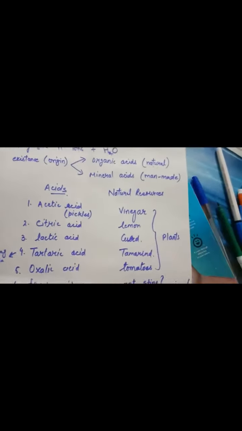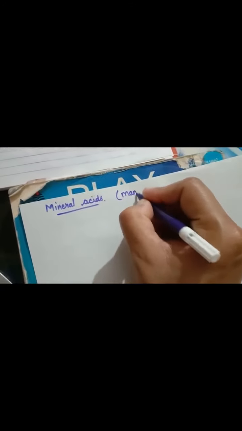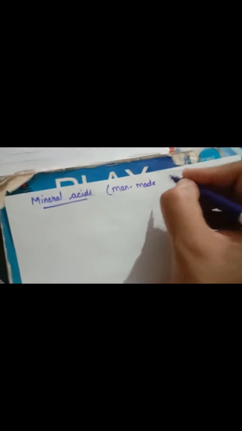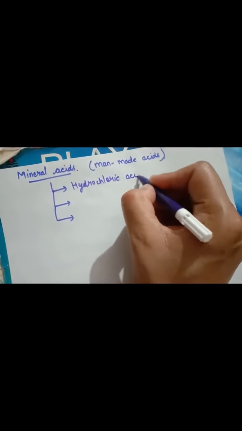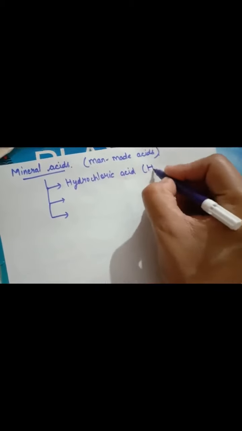So the next topic is mineral acids. These are man-made, synthetic acids. There are three main examples. First is hydrochloric acid, whose chemical formula is HCl.